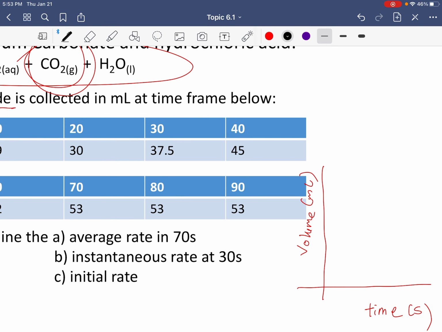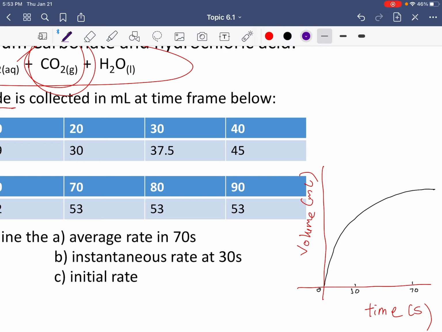Let's just say this is what your graph looks like. Now let's say here's 70 seconds, here's 30 seconds, because that's something that you will see. Average rate. Average rate means literally average rate.